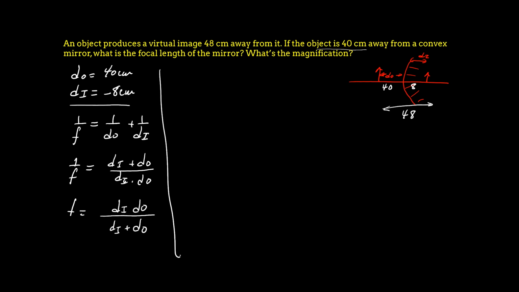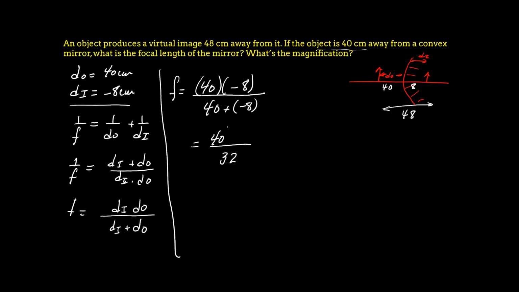All right. Now what do we do? Plug them in. So F is 40, negative 8, over 40 plus negative 8. So 40 plus negative 8 in the denominator, this is like 40 minus 8, or 32.